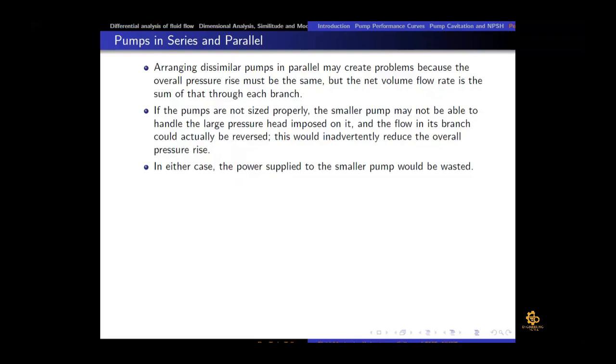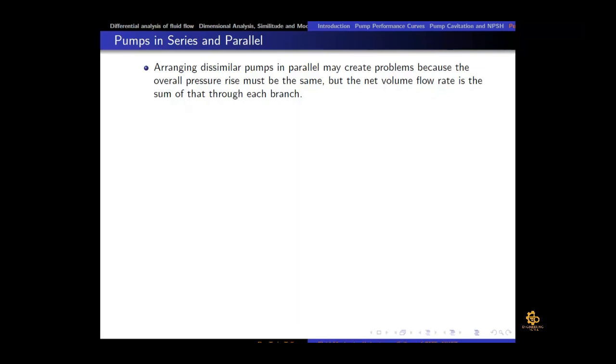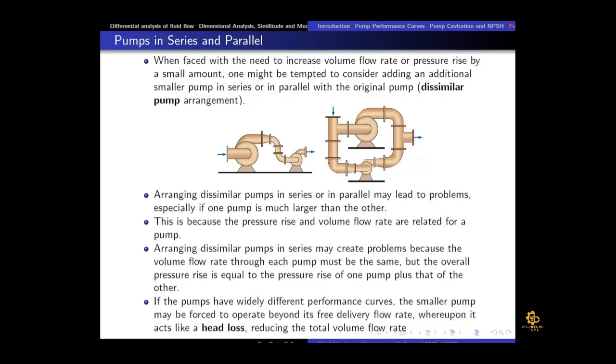And what is the alternative? If we want to increase the volume flow rate or the net pressure head requirement by, say, 10%, then we don't need to install an extra pump. We can use a larger pump having a larger impeller diameter, right?